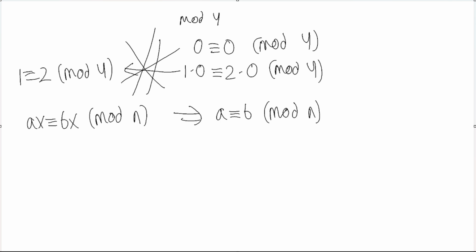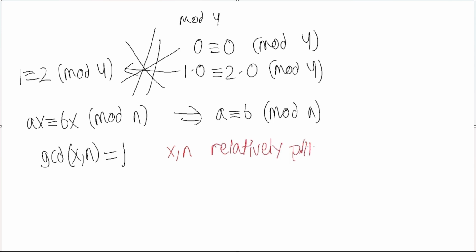And the answer is yes, and this happens specifically when the greatest common divisor of x and n is equal to 1. Another way of saying this is that x and n are relatively prime. And relatively prime means that they share no prime factors.